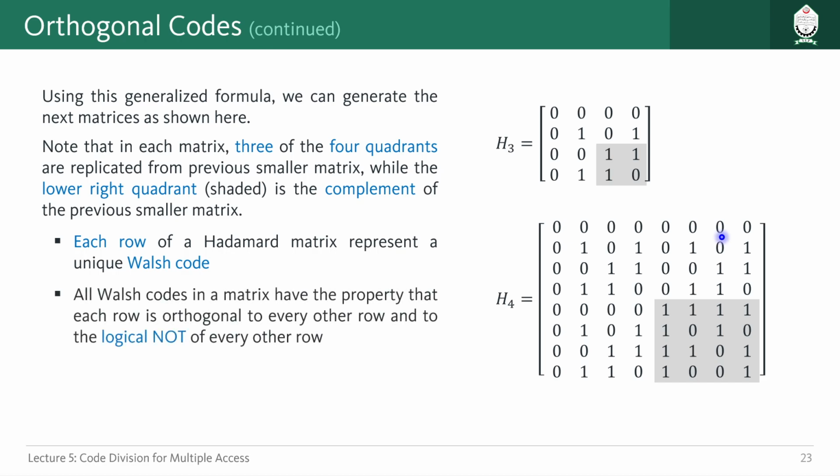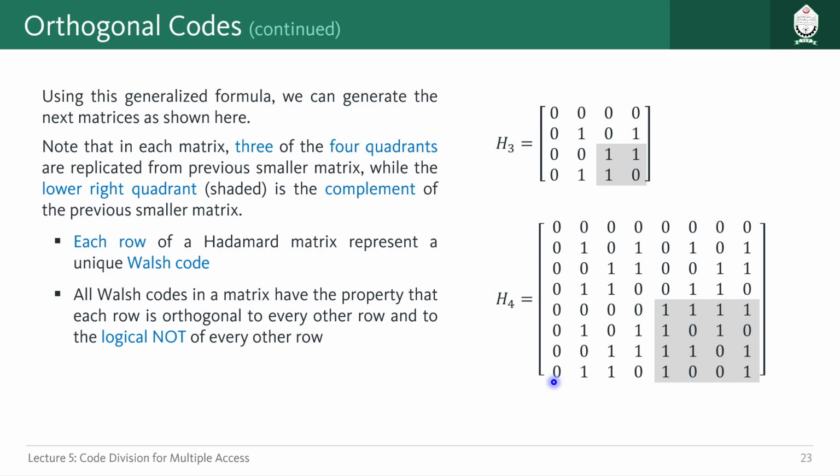So now, what is the specialty of these Walsh codes we are generating from this matrix? Basically, each of the rows is representing one Walsh code, and each of these Walsh codes is orthogonal to all other codes we are seeing here. All of them are orthogonal to each other. And also, if you take the logical NOT or complement of one Walsh code and then try to compute orthogonality, you will see that it is also orthogonal to the other rows as well.